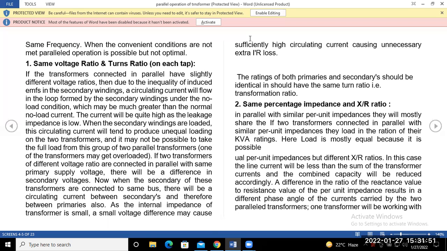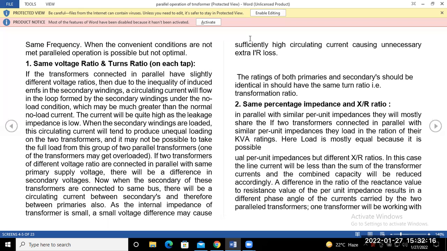Okay. So per unit impedance, but if you connect two transformers that have different leakage reactance to resistance ratios, then in this case the line current will be less than the sum of the transformer currents, and the combined capacity will be reduced accordingly.